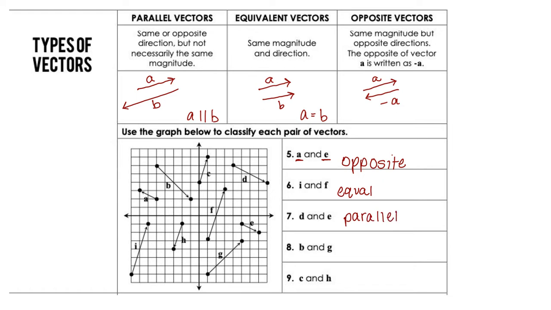Okay, number 8. The number 8's kind of tricky. Look at number 8 and see B and G. So B is vector B and vector G. It's down here. Well, are they parallel? Do they have the same or opposite direction?